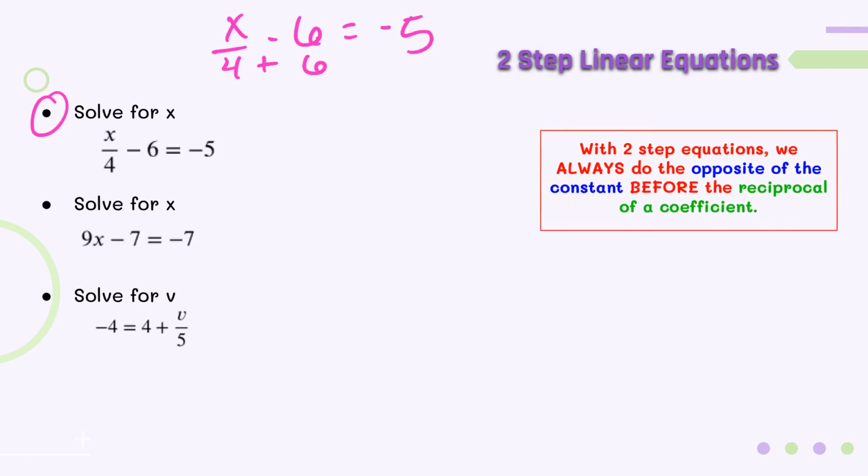I'm going to add 6 to both sides first, my opposite of my constant first. Then I'm left with x over 4 is equal to 1. So then I'm going to multiply by my reciprocal. So this cancels to 1, and I'm left with x is equal to 4.